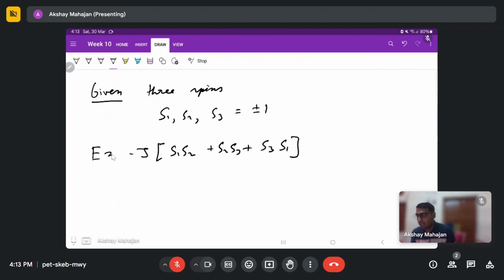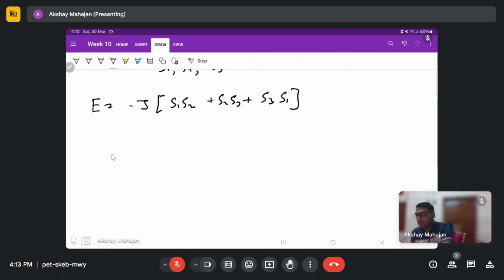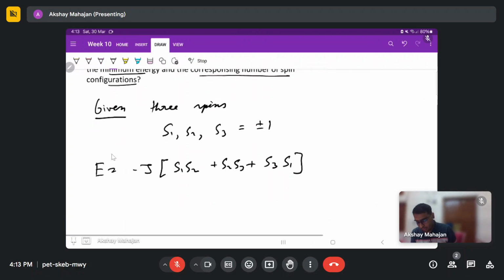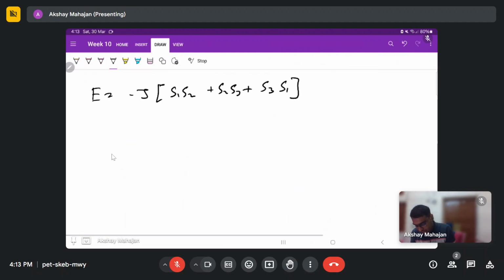This is the energy equation, and first we have to find the minimum energy, and corresponding to that minimum energy, the number of spin configurations. So first we will find all the possible spin configurations and their energies.